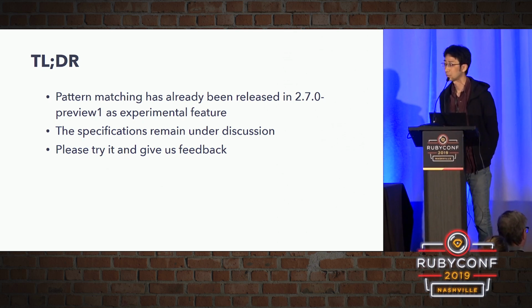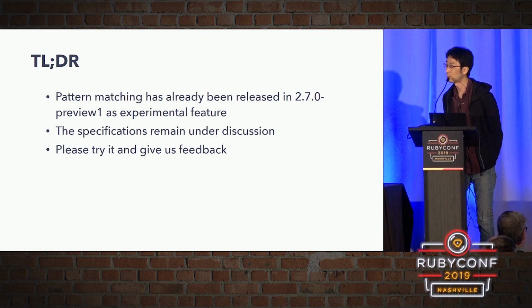First, I'd like to begin by giving you an overview of what I want to communicate in this session. Pattern matching has already been released in a preview version of Ruby 2.7, but it is still an experimental feature and the specification remains under discussion.